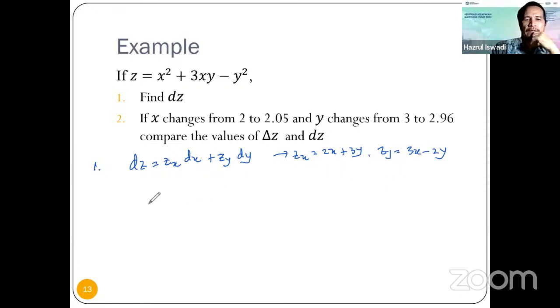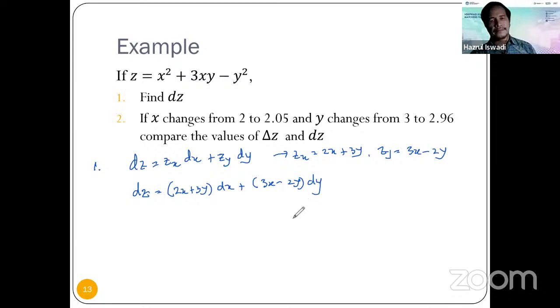It means that dz will be (2x plus 3y) dx plus (3x minus 2y) dy. We already solved the first equation.